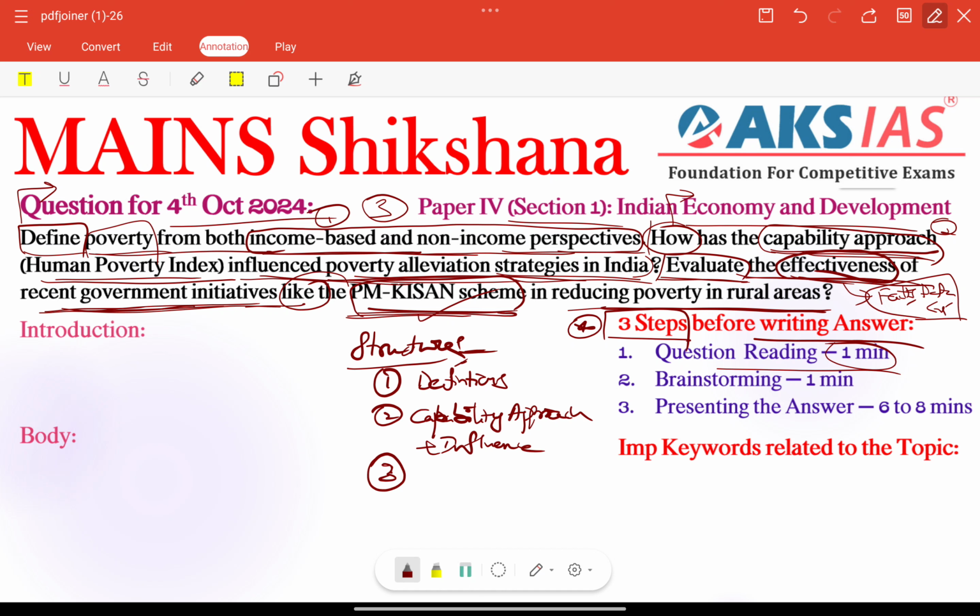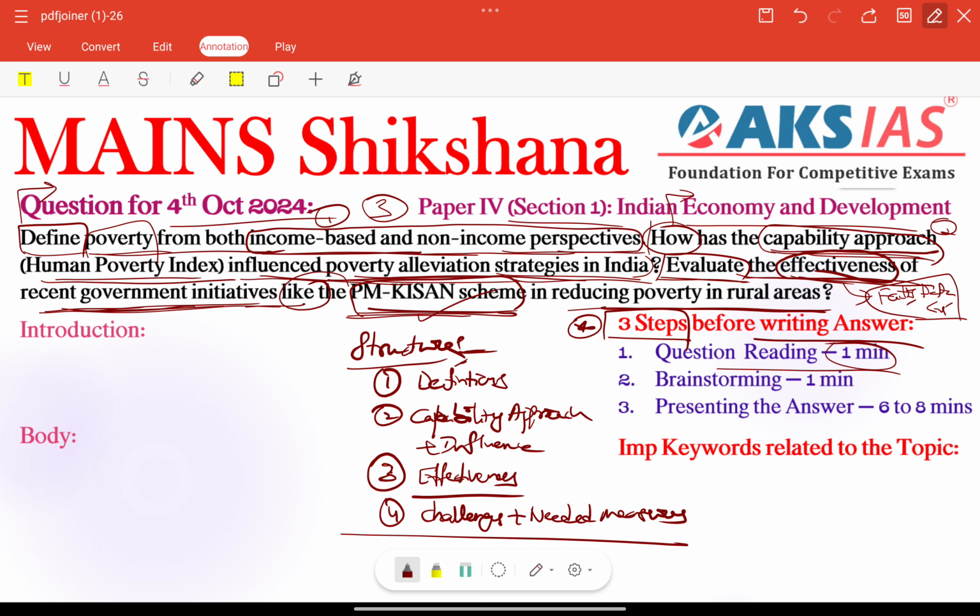Next, the third part is to evaluate the effectiveness of recent government initiatives like PM Kisan. Evaluate means the effectiveness of schemes, very important, recent government initiative schemes in reducing poverty in India. Finally, we need to mention some challenges plus needed measures, right? That is creating a particular structure for this answer.